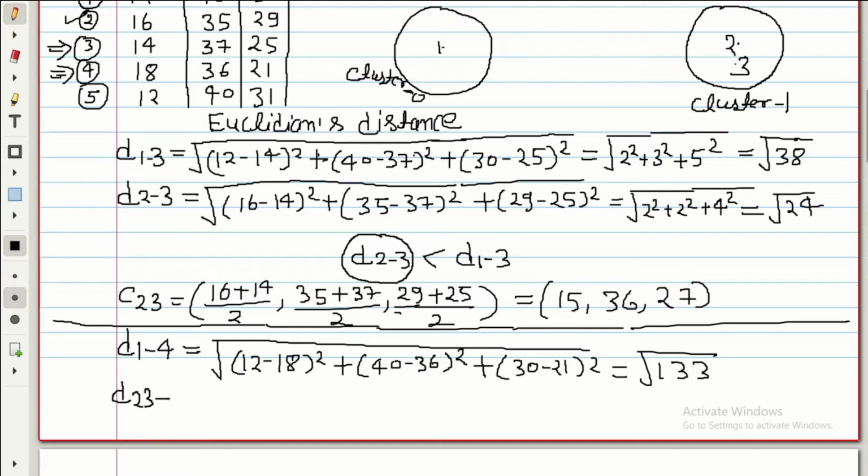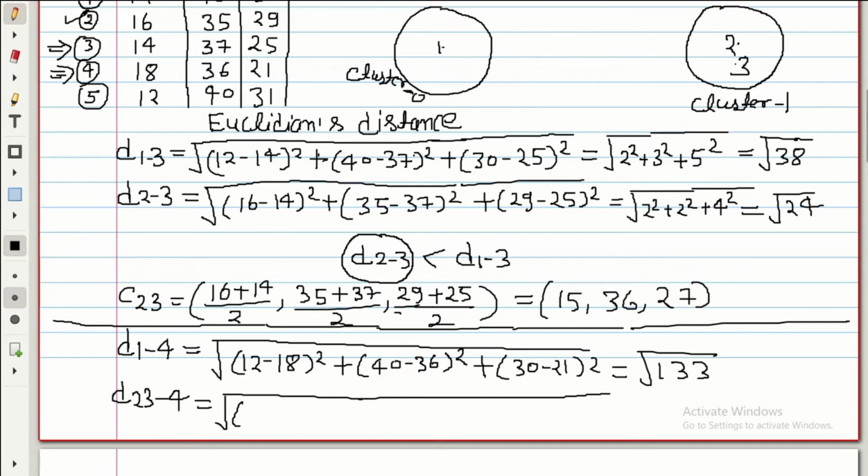Now again calculate the distance from C23. I am writing 2,3 because you are calculating the distance of 4 from the average or midpoint of 2 and 3, the new centroid in cluster number 1. So let us see what the value is.